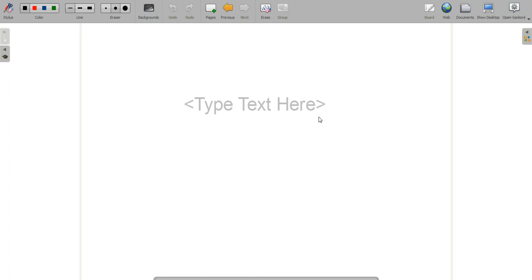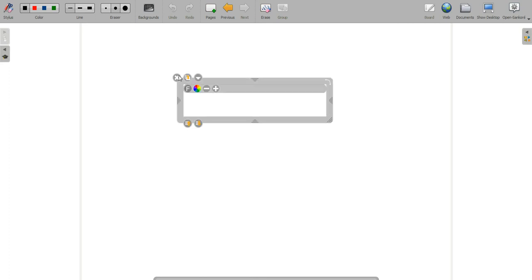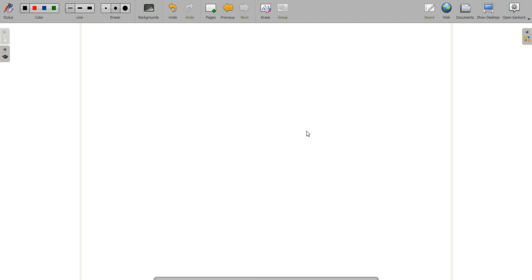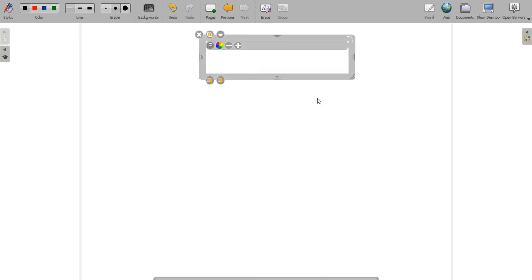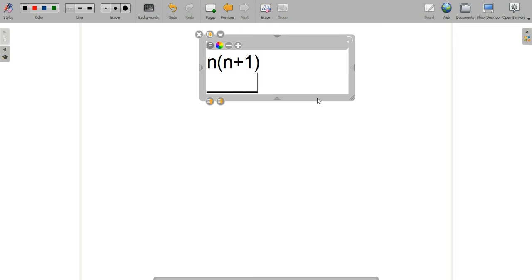So first, you know what, let's just review. Okay, so basically the arithmetic formula. It's basically just that. The last number times an extra number divided by 2.